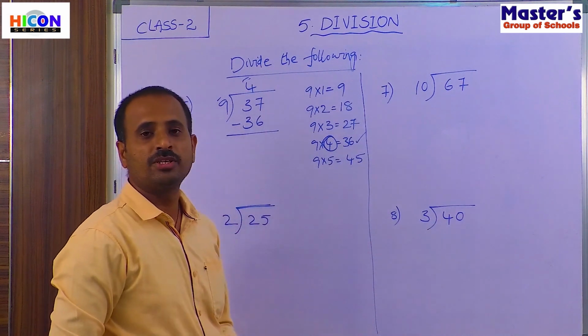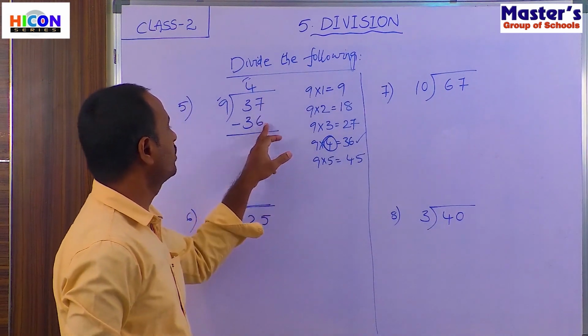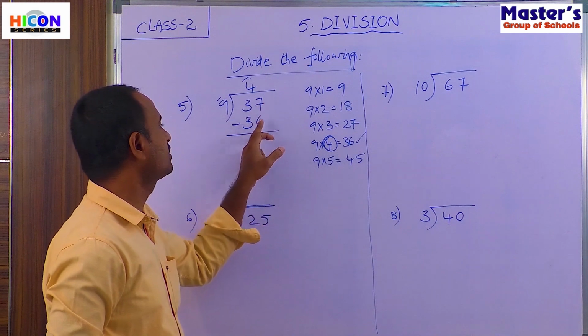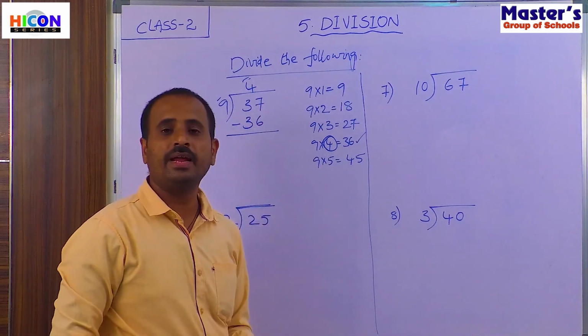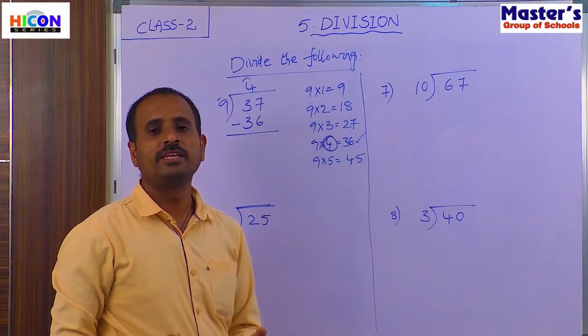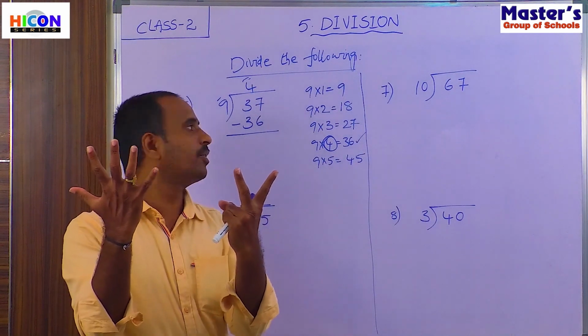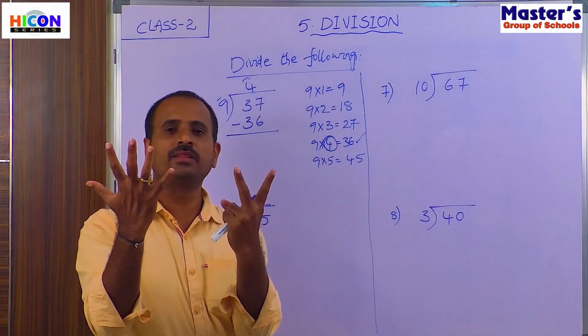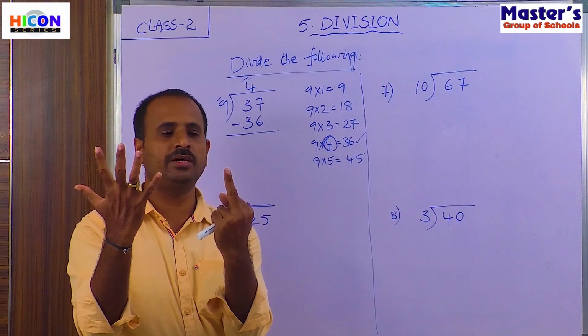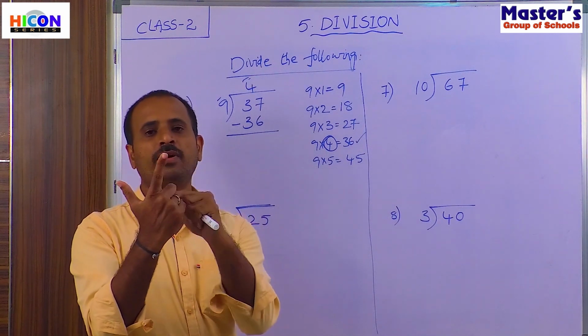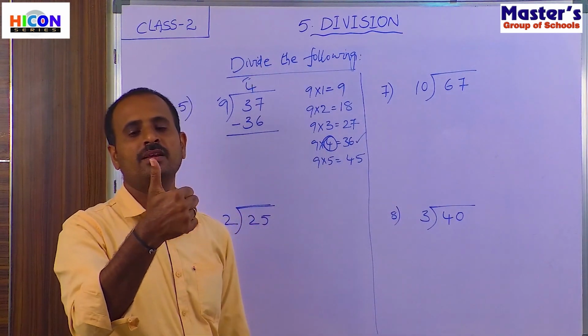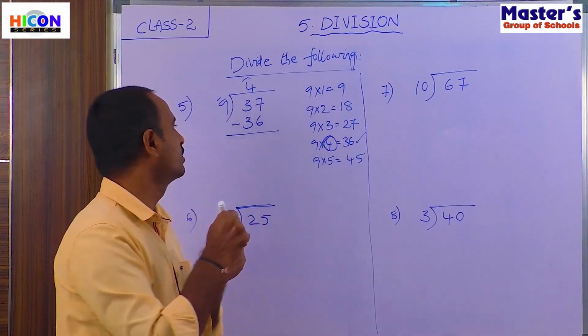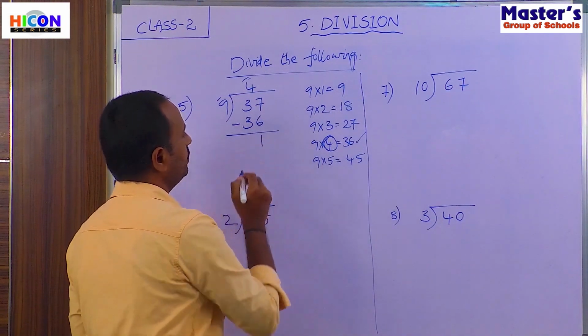So children, first subtract the digits present in the ones place. That is 7 minus 6. So you have to subtract 6 from 7. That is, open 7 fingers and close 6 fingers among these 7 fingers. So close 6 fingers, 1, 2, 3, 4, 5, 6. How many fingers are remaining? There is 1 finger remaining. So write 1 here.